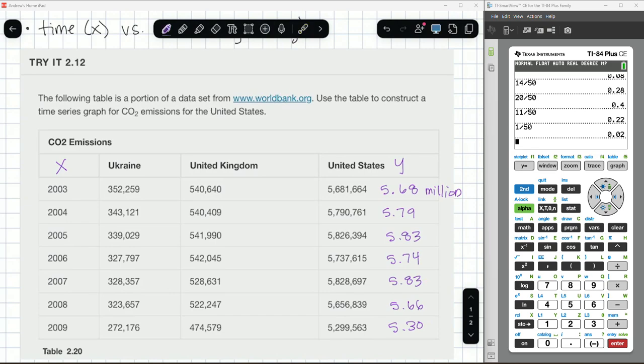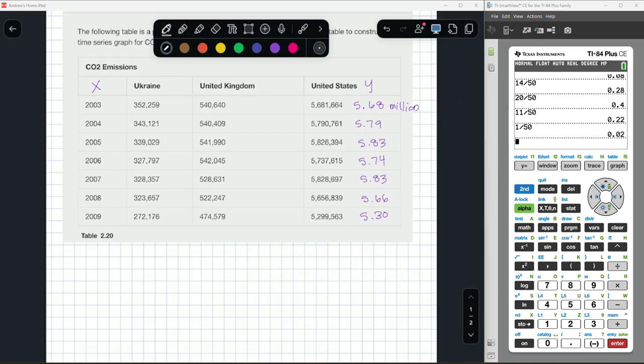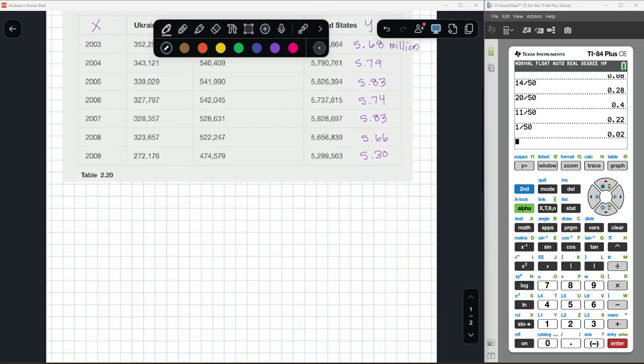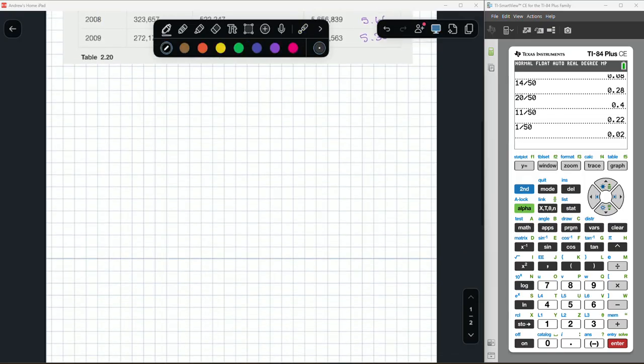So that's the plan. I know that when I draw this graph, I'm going to do time on the x and my other variable on the y. So let's go ahead and do that. So I have 1, 2, 3, 4, 5, 6, 7 data points. So we'll start here. I need to go out 7.